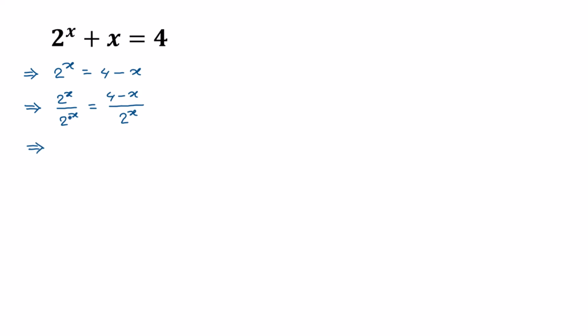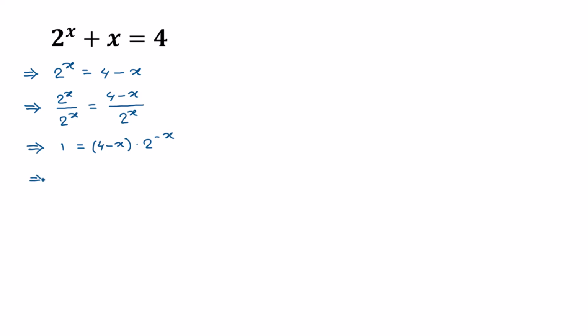This 2 to the power x and 2 to the power x will cancel, so it will be 1 is equal to 4 minus x times 2 to the power negative x.